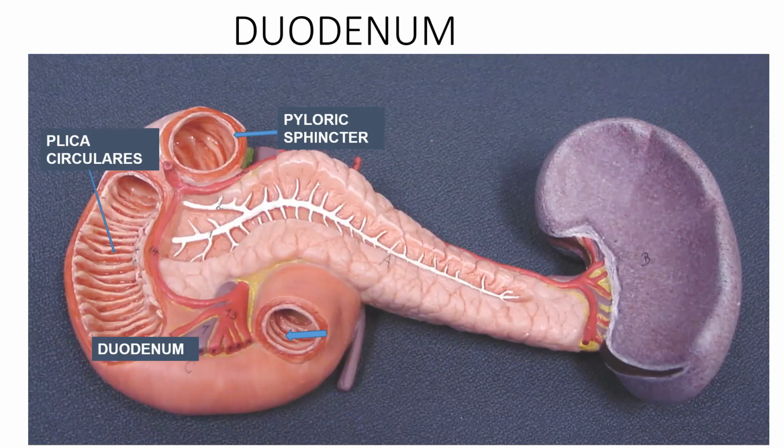It's a huge amount of surface area now by having these folds. It also tells you that you're in the small intestine when you see these plicae structures too. Okay, and there is the entrance to the jejunum right there.